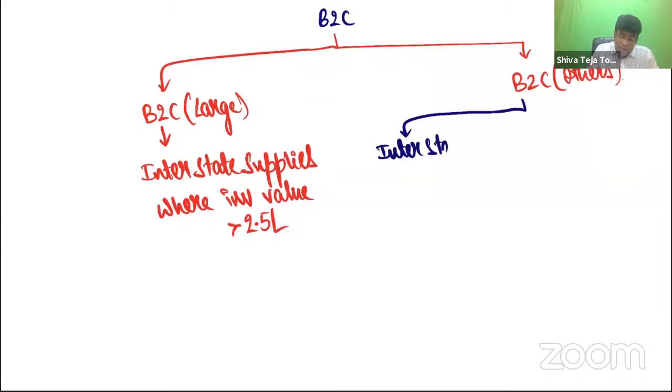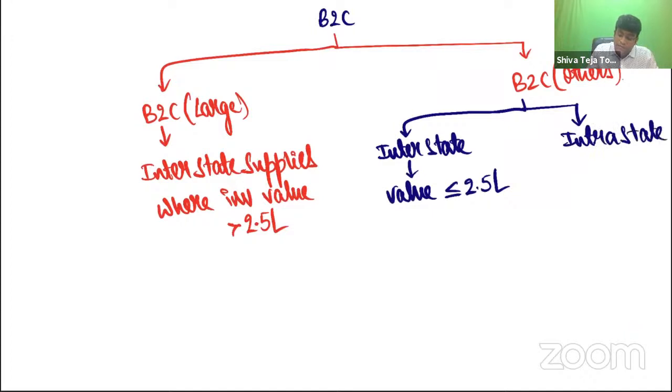One, interstate, where value is up to 2.5 lakhs. The other, intrastate, any value. So B2C large only covers interstate supplies where invoice value is more than 2.5 lakhs. That point is very, very clear in law.